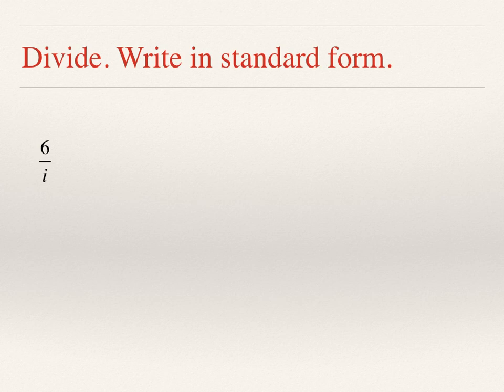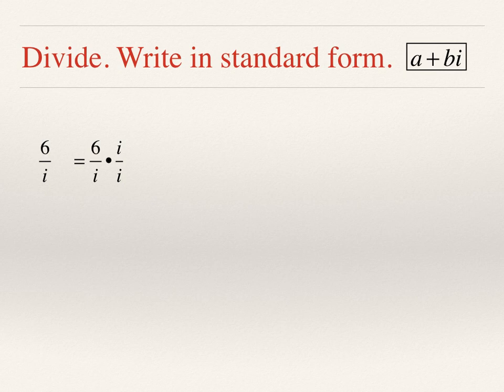The first example will be the simplest. I have just a monomial here, 6 divided by i. Now I'm not allowed to have i in the denominator. So I want to get around that by multiplying by a disguised form of the number 1. I will multiply 6 over i by i over i.